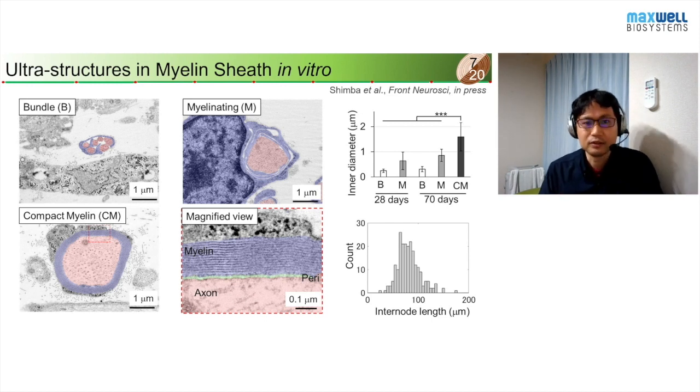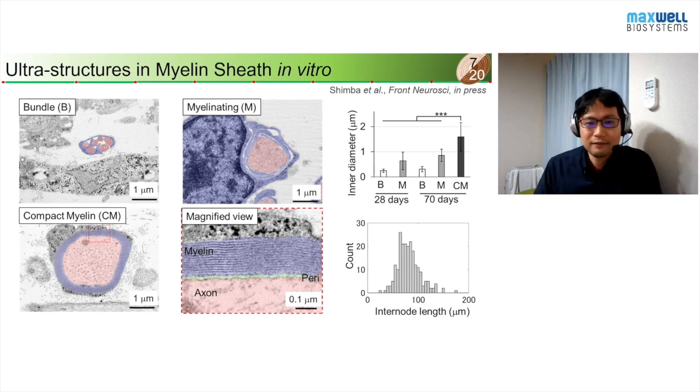Then we observed the ultrastructure of the myelin sheath with electron microscopy. The blue color shows Schwann cells and the red color shows axons. In the first month, we observed a lot of unmyelinated axons, which are bundled by Schwann cells, and developing myelin sheaths. But compact myelin was rarely observed at 1 month.